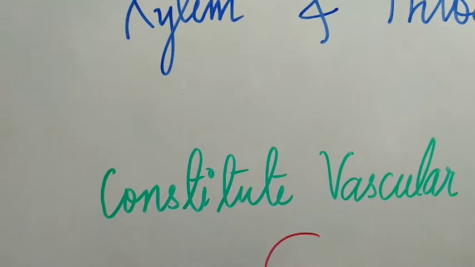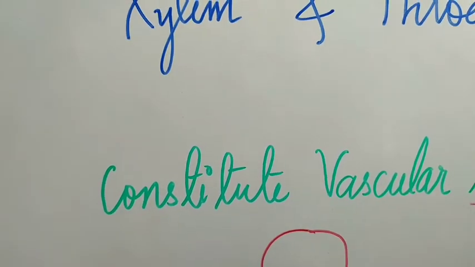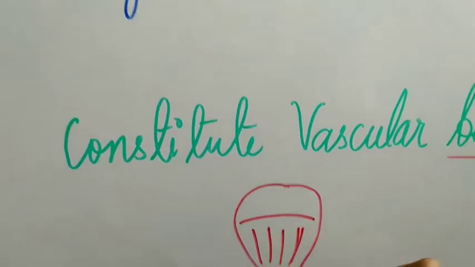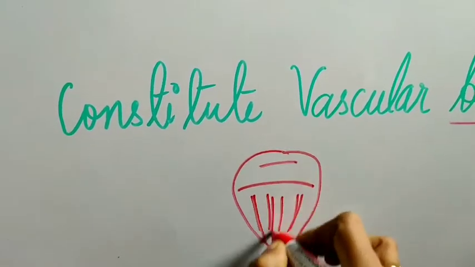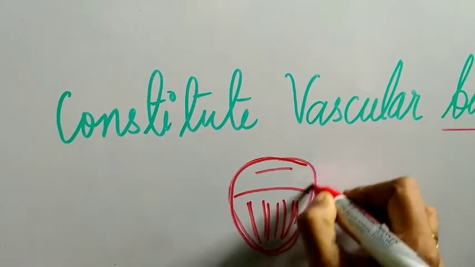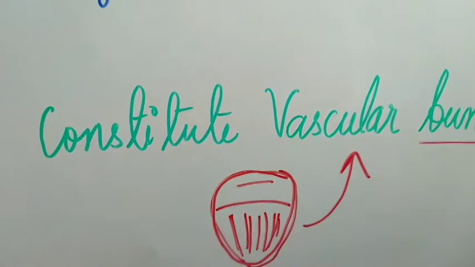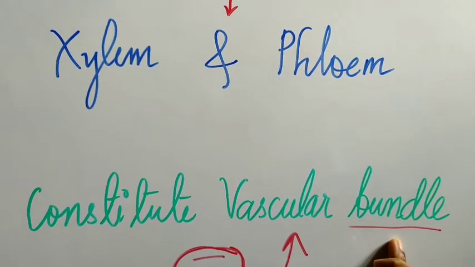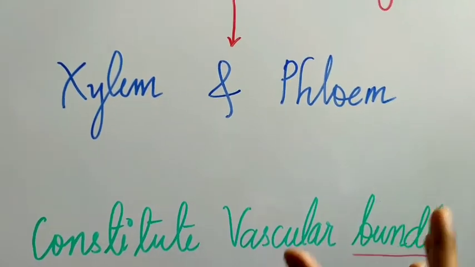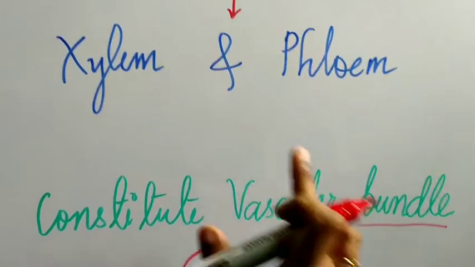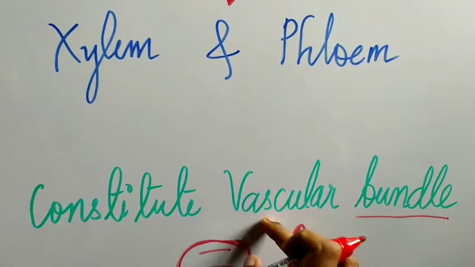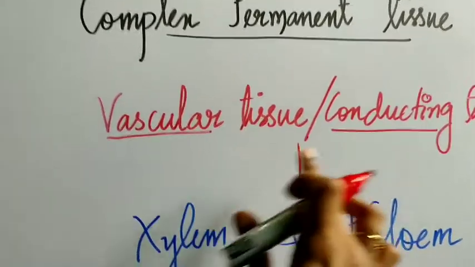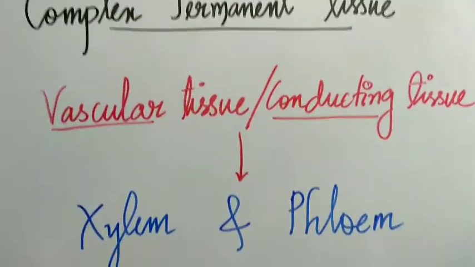If you take something like this, I have xylem here and this part is filled with phloem. Together I call it a vascular bundle. Xylem and phloem present together become the vascular bundle, or separately we can call them vascular tissue or conducting tissue.